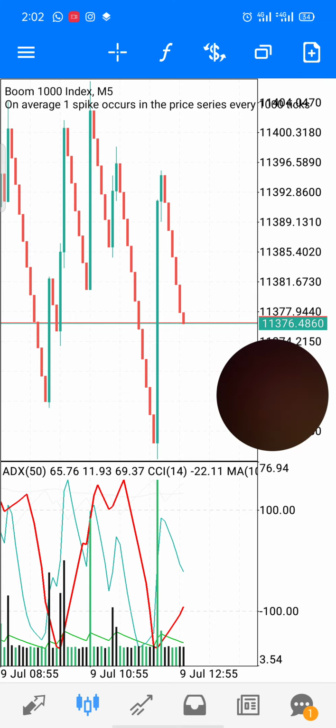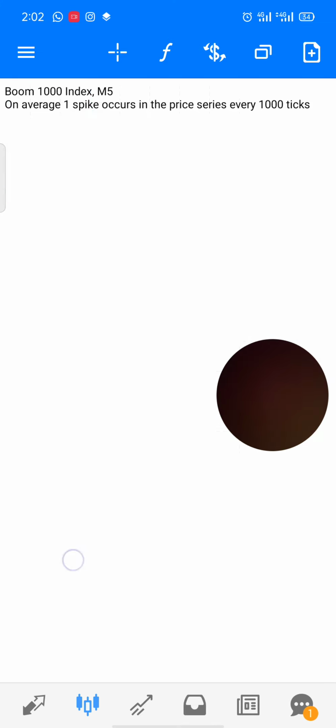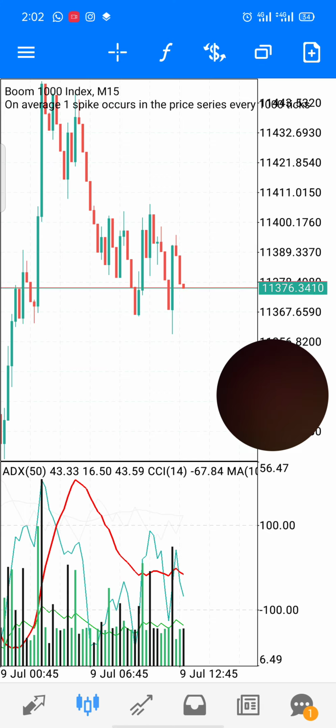Just like this point for crash 1000, you can see it gave a spike here, but checking it at the 15-minute time frame, the 15-minute time frame crossed above. So for this point, since it crossed above, it's indicating a sell for the 15-minute time frame. So it's advisable to take your profit after this spike for this crash 1000.